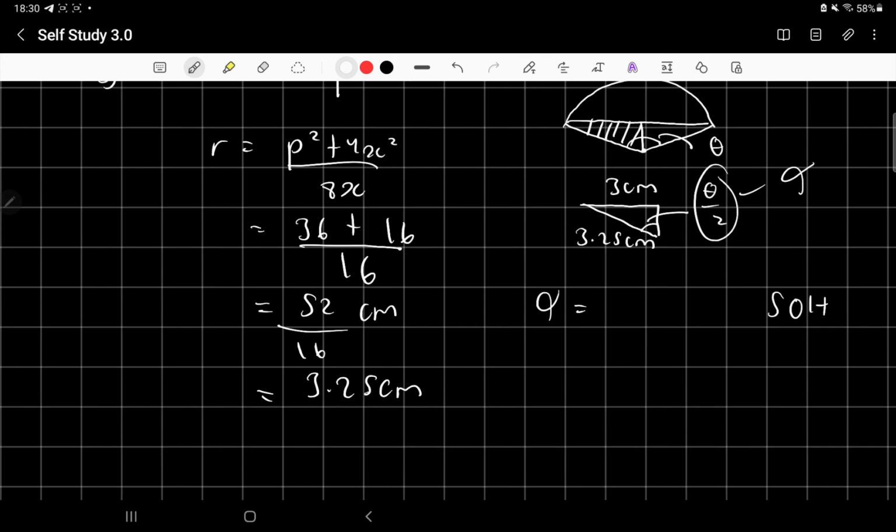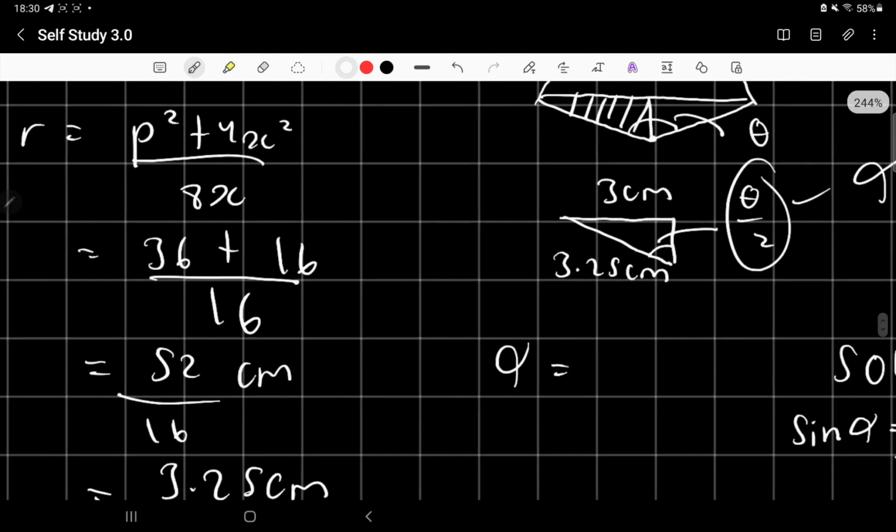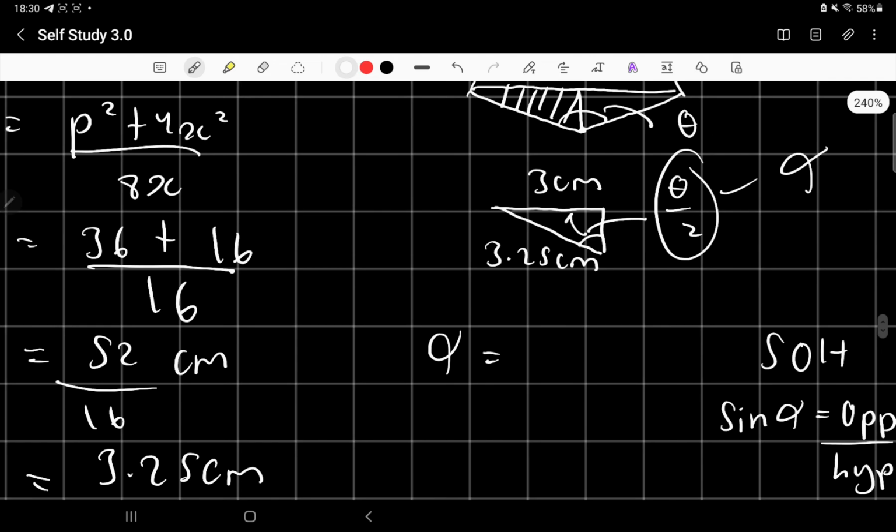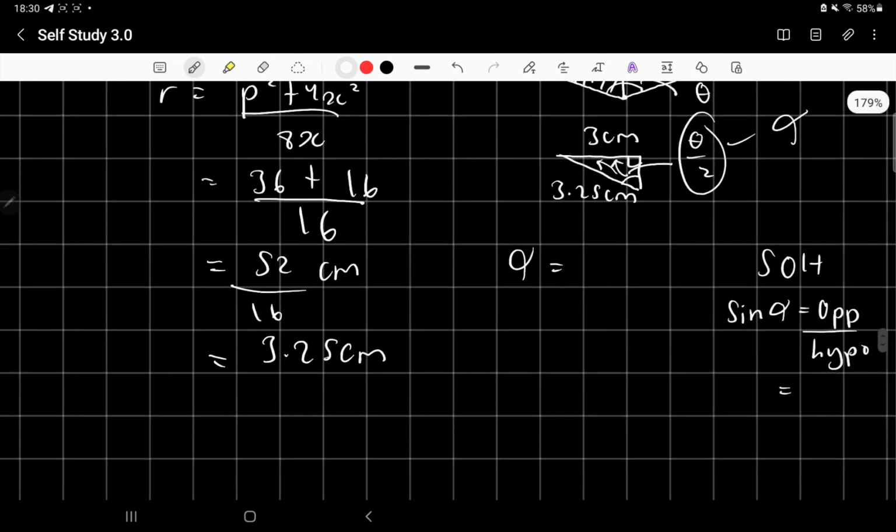So this is the acronym, which I would say sine alpha is equal to opposite over hypotenuse. So what is the value? Remember the opposite value should be like this, the opposite of the angle. And this will be our hypotenuse. Okay, so always the longest side of the triangle.